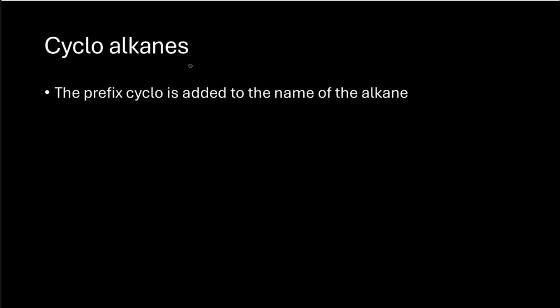So let's move on to the naming of cycloalkanes. If we have a cycloalkane in this way, we count the number of carbon atoms in the cycle. In this case, we have 1, 2, 3, and the name of an alkane with 3 carbon atoms is known as propane.